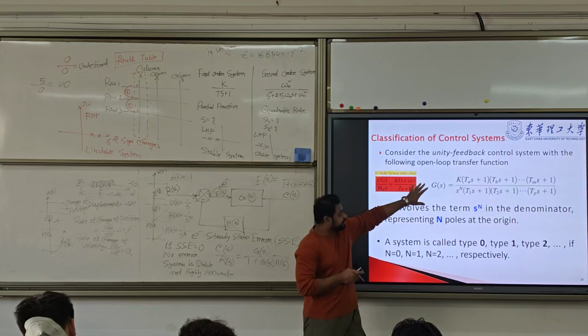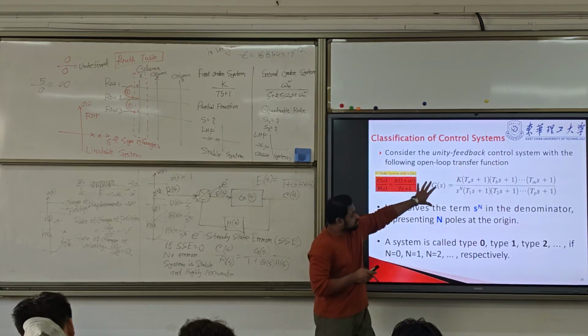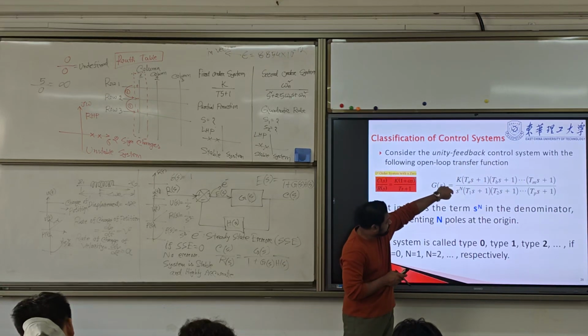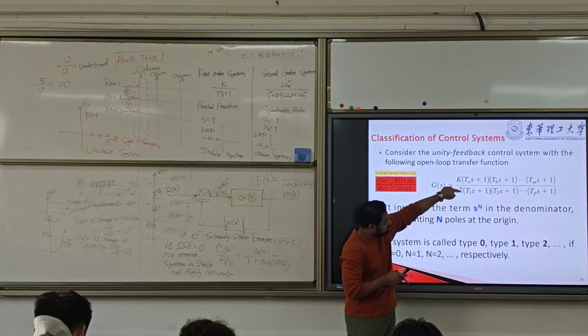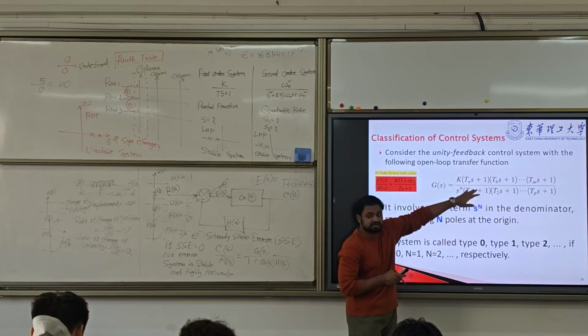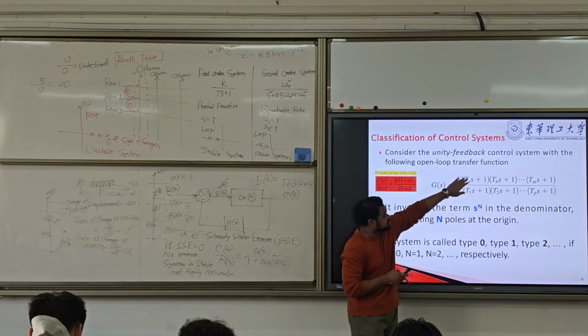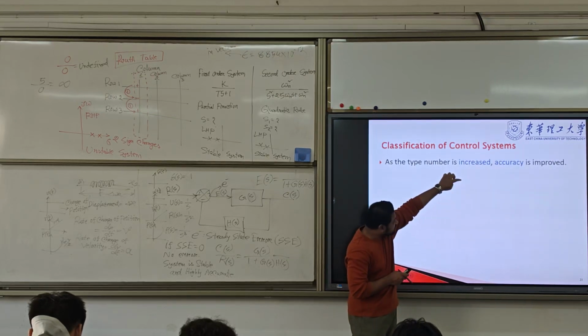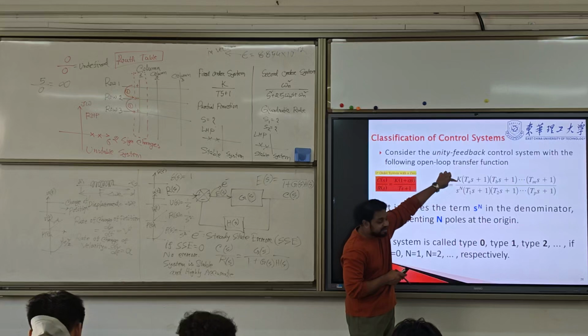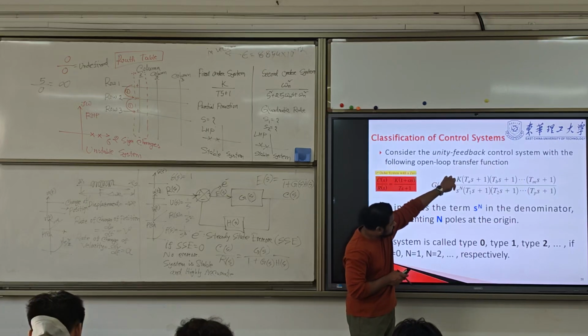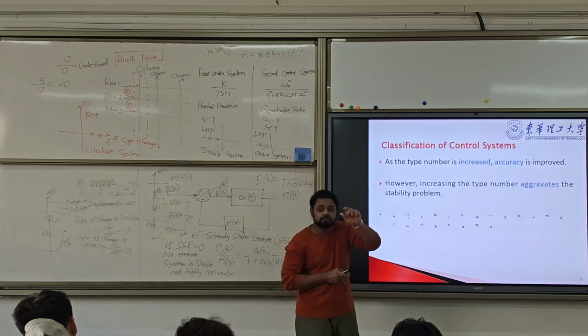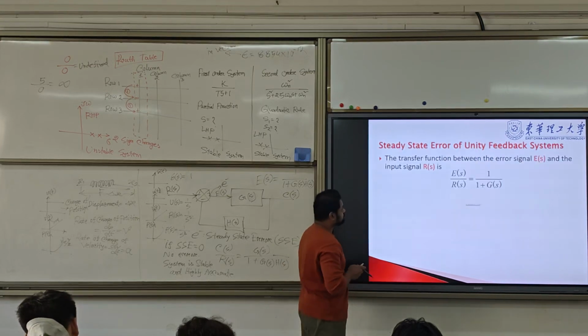We will apply this equation. So here we have S power n in the denominator, right? And K times (Ts+1), (Tbs+1), (T1s+1), (T2s+1), these are the zeros, this is the poles, this is the gain K. And this will determine the type.